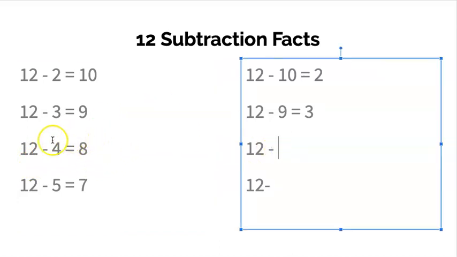So if we wanted to flip-flop the numbers, we would say 12 minus 8 equals 4. And the last one we have 12 minus 5 equals 7. So we say 12 minus 7 equals 5.